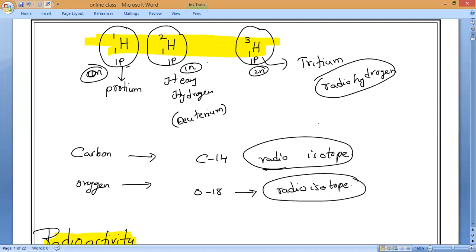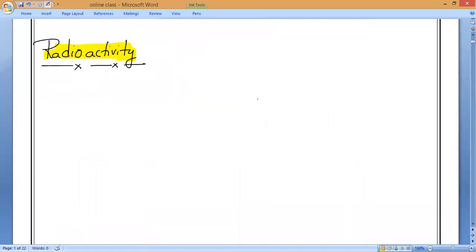Now, if you have noticed, some isotopes are very unstable due to a high value of the neutron to proton ratio. So observe very carefully. To become stable, they will emit invisible radiations, which we call radioactive radiations, or simply rays.